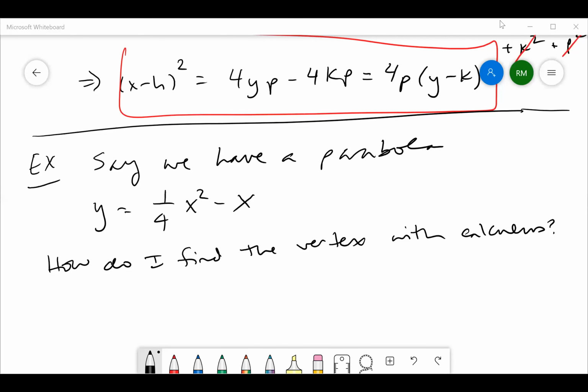All right, well, I want you to think about what this looks like from calculus. We know this parabola should look something like this. So I want you to try to find the vertex, and I'll show you how to do it.